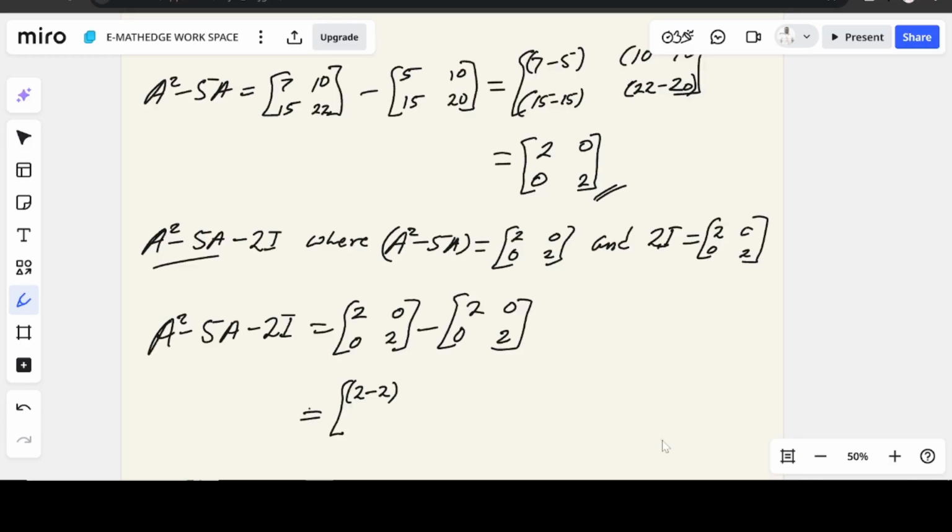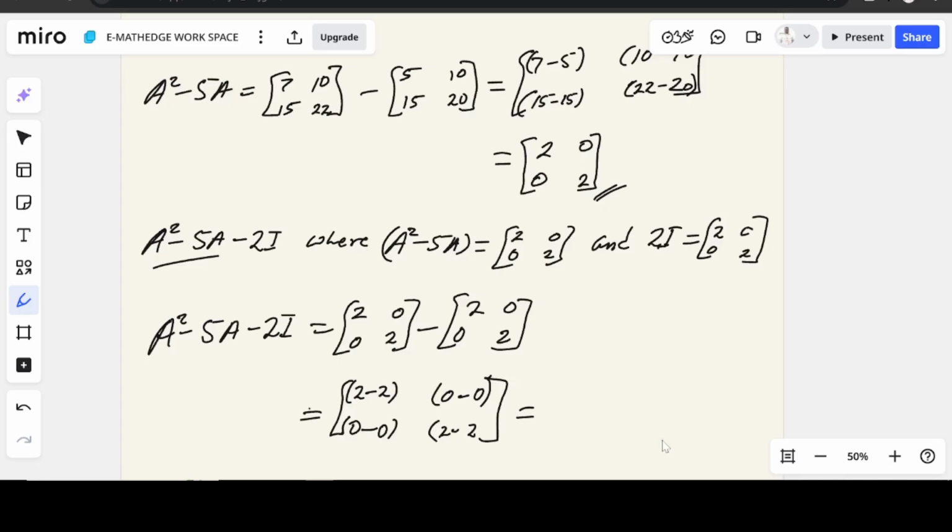Now for the first row, second column, we are going to have 0 minus 0. For the next one, we are going to have 0 minus 0 as well. And the last one, which is 2 minus 2.